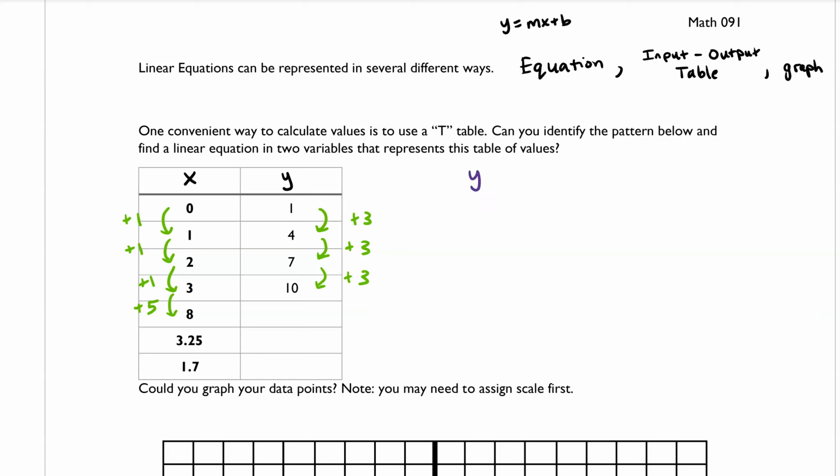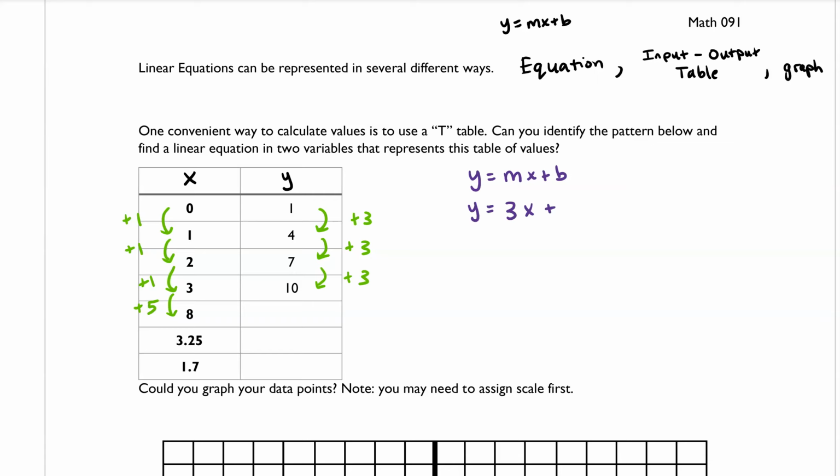So remember, a linear equation is y equals mx plus b, where m is the constant rate of change. So notice that every time we increase our x value by 1, we're increasing the y value by 3. So that's another way of saying that the numeric value of the slope is 3.